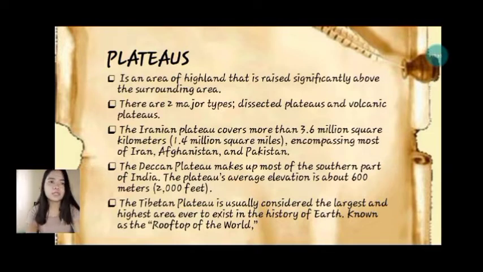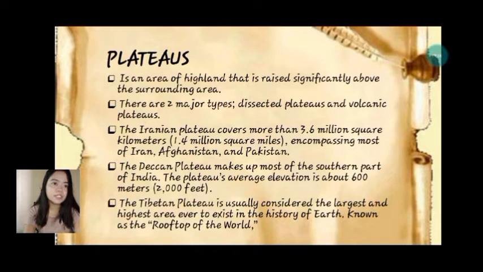It covers more than 3.6 million square kilometers or 1.4 million square miles, encompassing Iran, Afghanistan, and Pakistan. The plateau is not uniformly flat but contains some mountains and low river basins. The highest peak is 5,610 meters.